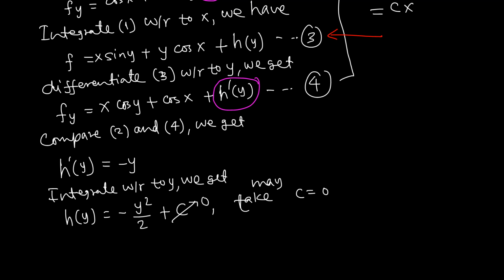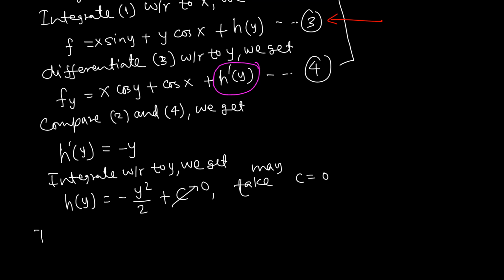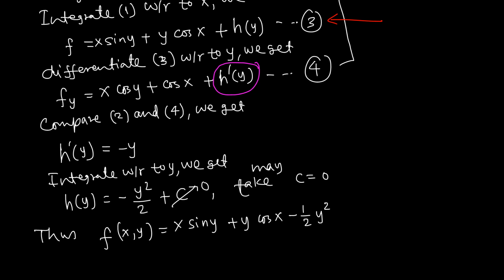Then h of y is negative y squared over 2. Go back here to 3 and write down the final answer. Thus, a potential function f, a function of two variables, is x sine y plus y cosine x plus h of y, which is negative y squared over 2, half y squared. Final.